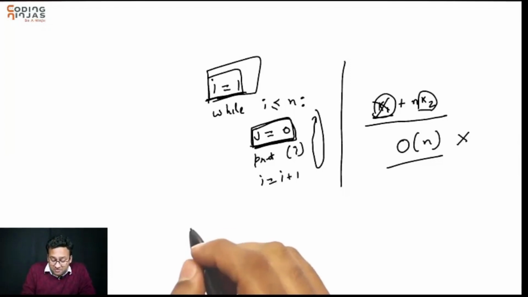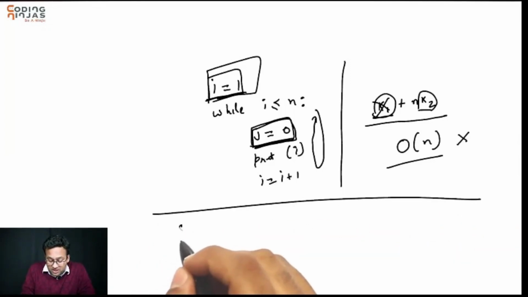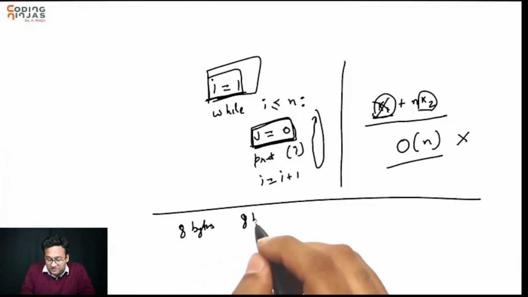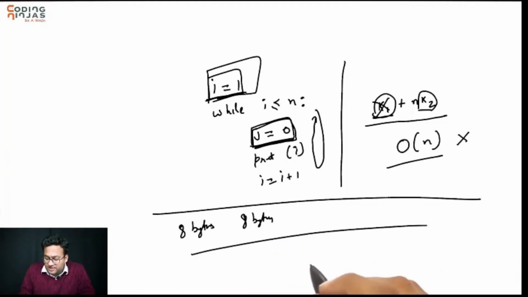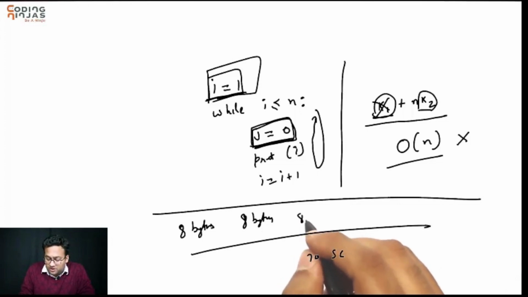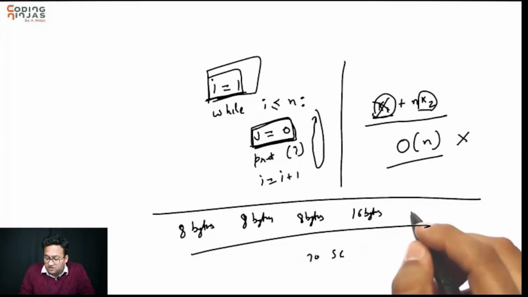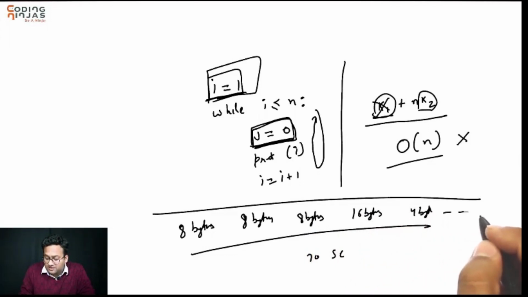Let's say my program uses 8 bytes of memory. Next second it uses 8 bytes of memory, and it runs for 10 seconds. Let's say it uses 8 bytes of memory, then it uses 16 bytes of memory, then 4 bytes, and then it stays at 4.